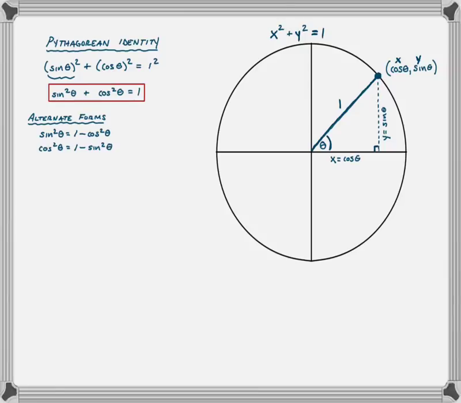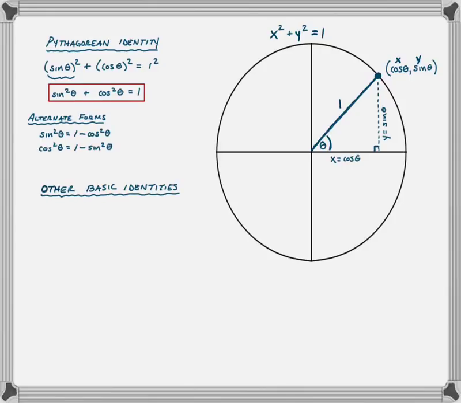In addition to the Pythagorean identity that we just identified, there are a few other ones that we need to talk about in terms of simplifying expressions. We talked about most of these yesterday, which are what we call the reciprocal trig functions or reciprocal trig identities.